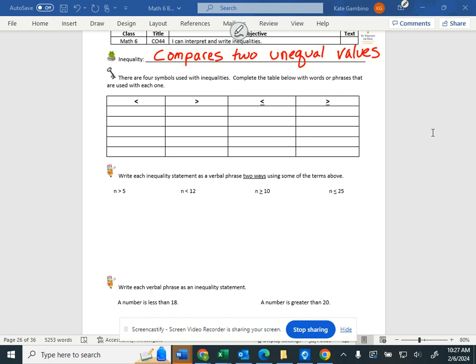What we had just worked on in our last unit, we were talking about values of our variable, what they equal. You would see something like A equals 1/3 or B equals 2, and you put that value in for your variable. Those are equals. Now we're doing inequalities. They do not equal each other.